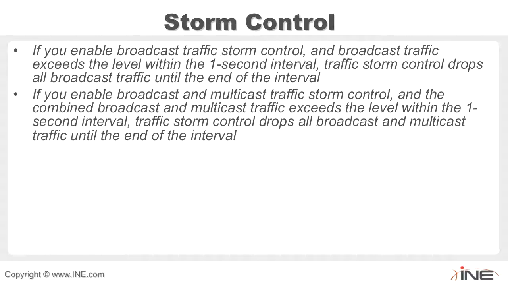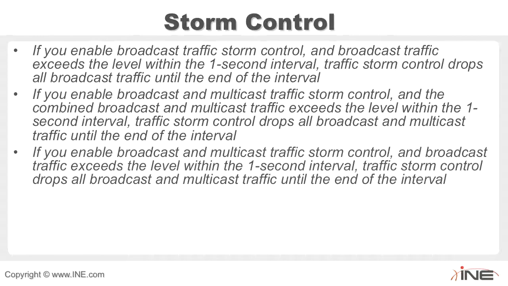If you enable broadcast and multicast, and the combined broadcast and multicast, or aggregate, exceeds that level, it will drop both forms of traffic until the end of the interval. If you enable broadcast and multicast storm control collectively and broadcast exceeds that, storm control will drop all broadcast and multicast. And this is one of the things that I don't think people always read carefully enough or understand.